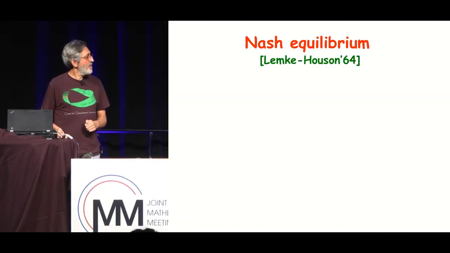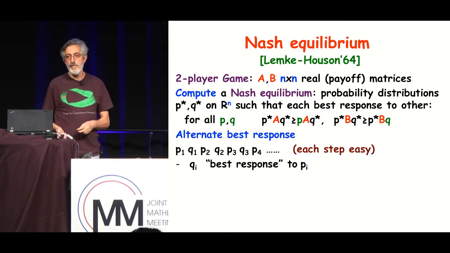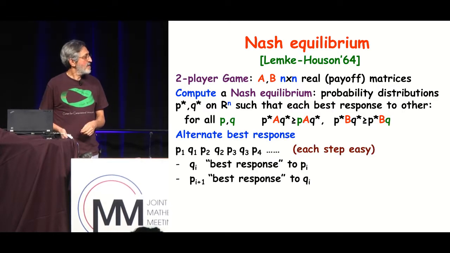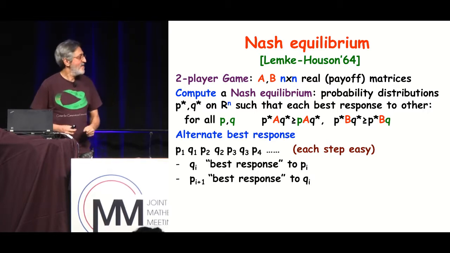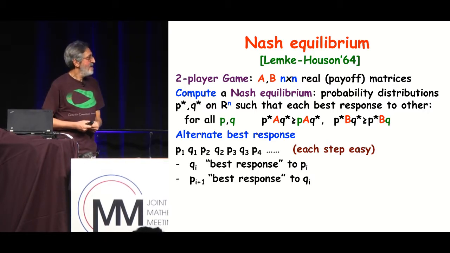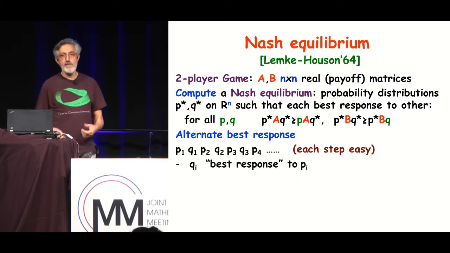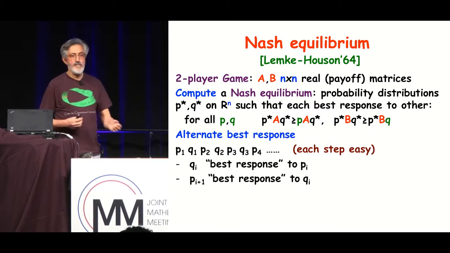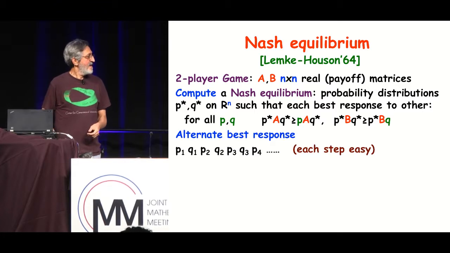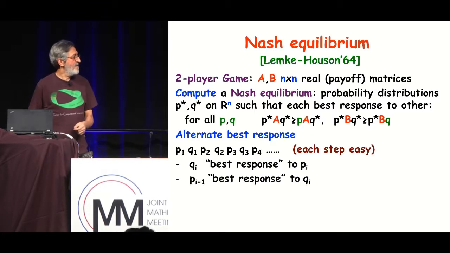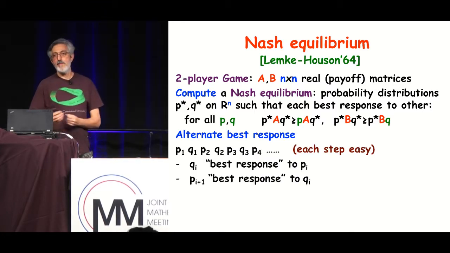And the last example, which I will not describe in detail, is Nash equilibrium. You're trying to find strategies for two players to play, such that each is the best response to the other. There's a famous algorithm of Lemke and Howson that just alternates best response.